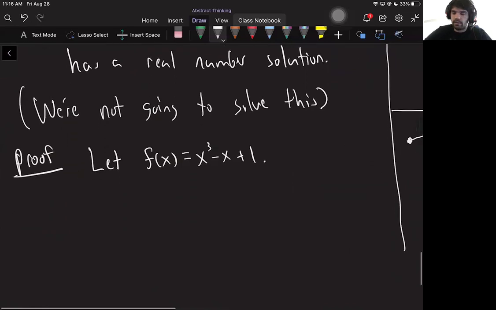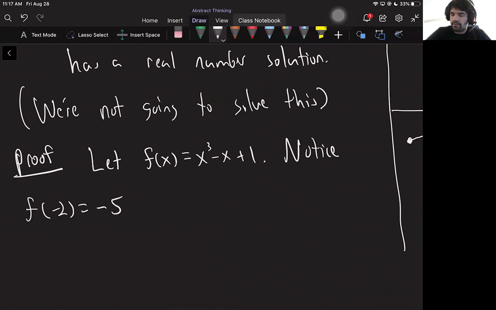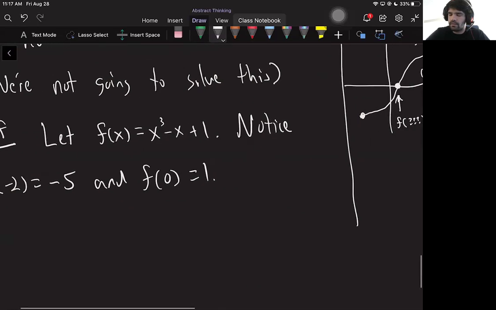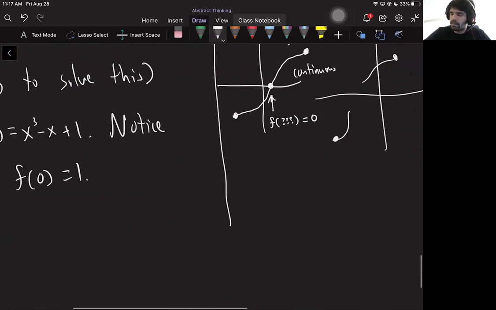All right, so notice some stuff. If I plug in -2, go ahead and calculate that if you want, you'll end up with -5. And if you plug in 0, you'll get 1. So now let me update this picture a little bit for this specific function.